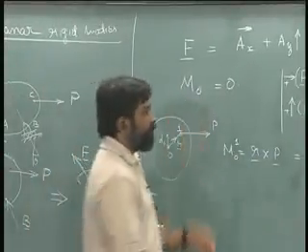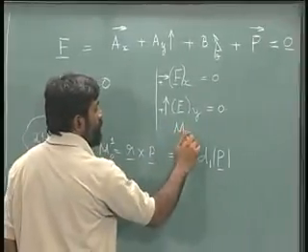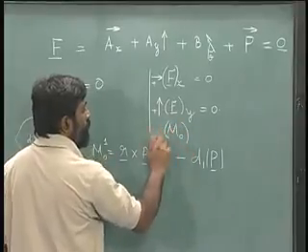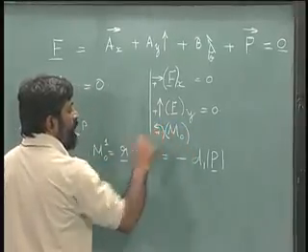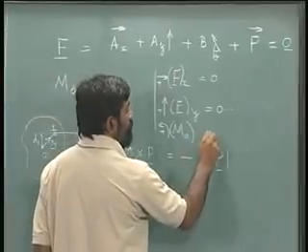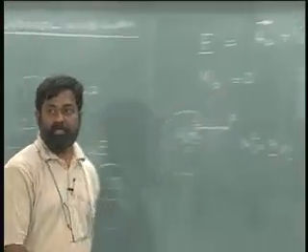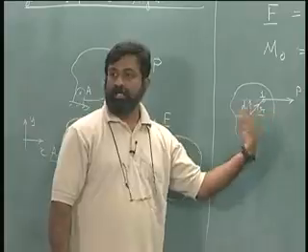I can do the same thing over here, m at O, taking anti-clockwise to be positive is equal to 0. By doing this, we will not miss out on the sign conventions.